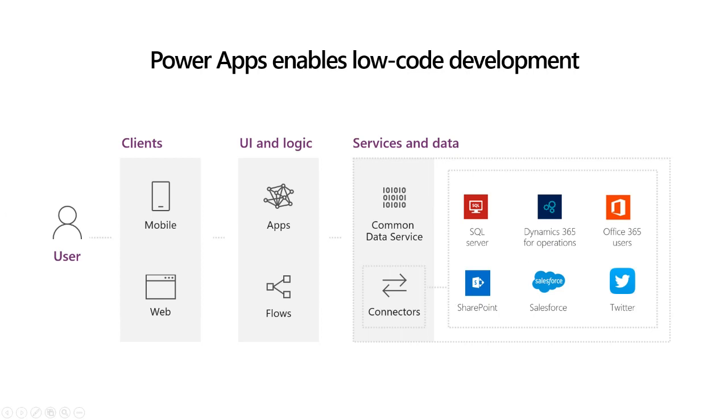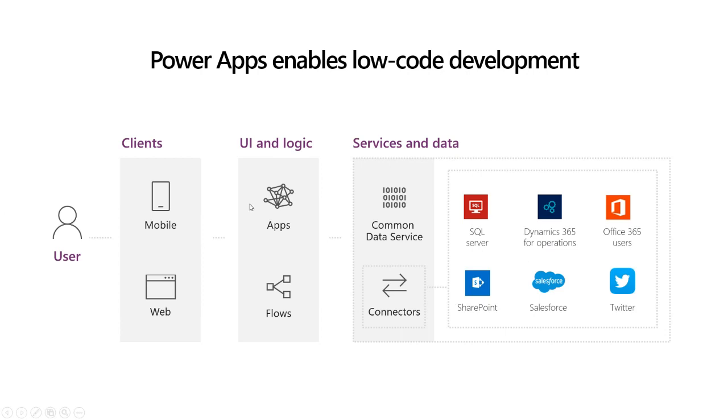Okay. Then on top of these services and the data, you have the UI and also the business logic. This UI consists of a few types of interface, like what Mr. mentioned: the Canvas app, the model-driven app, and also the portal.